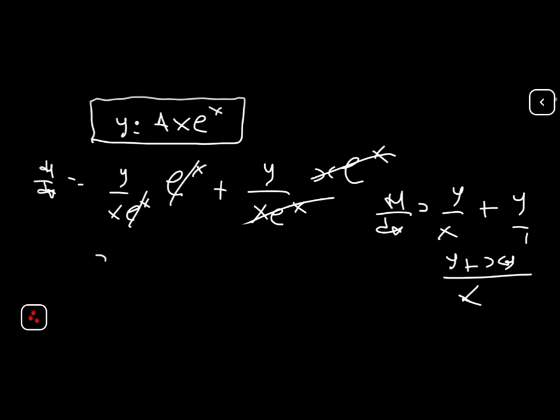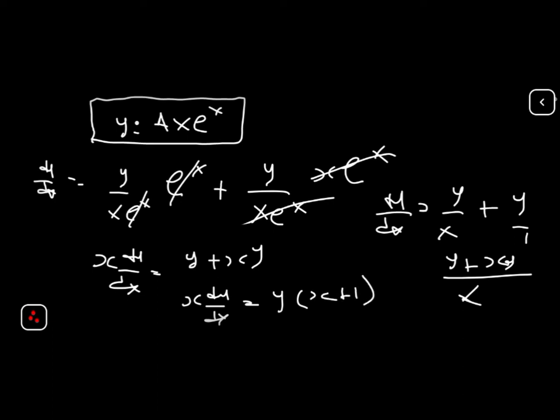We are going to have x dy/dx is equal to y plus xy. We could factorize the right hand side of the equation. We are going to have x dy/dx is equal to y bracket x plus 1. So this is the differential equation of that exponential equation.